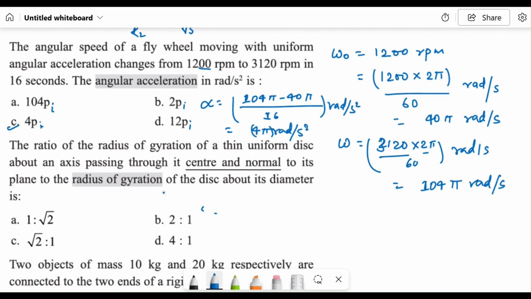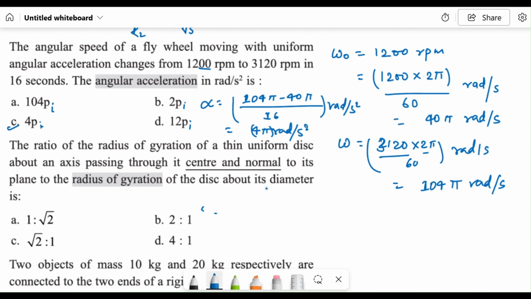The ratio of the radius of gyration of a thin uniform disk about an axis passing through its center and normal to its plane, to the radius of gyration of the disk about its diameter.